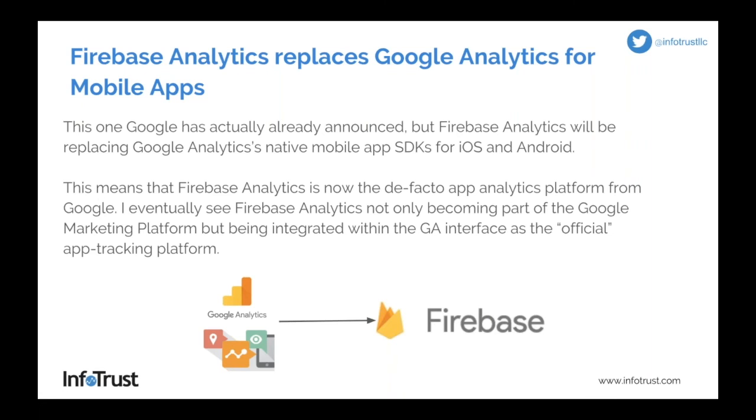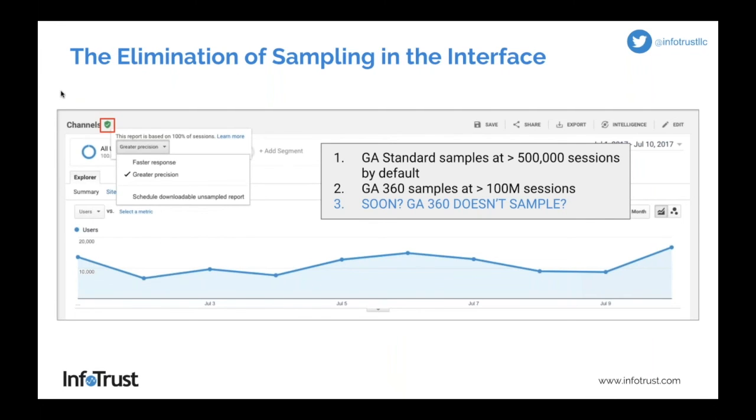And then my last favorite topic is the elimination of sampling in the interface. So if you've ever run into sampling in the interface, you're going to see with standard properties, it happens at 500,000 sessions. Within GA360 properties, right now the limit is 100 million sessions. So of course, much higher limit for GA360 versus GA standard. Now, my hope and what I've heard before from Google is ultimately for Google Analytics 360, there's not going to be any sampling in the interface.